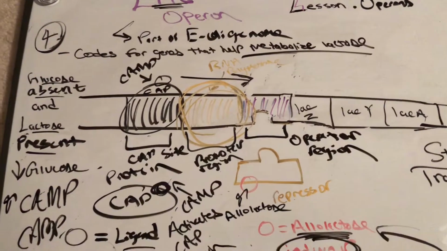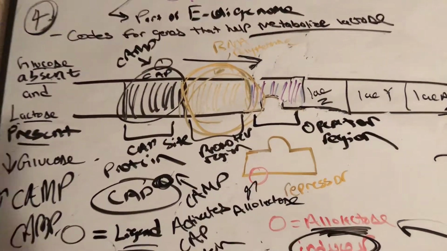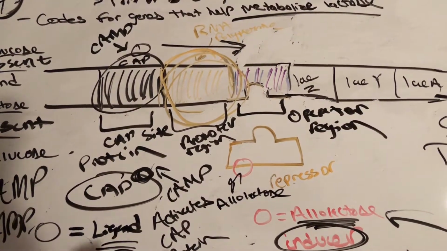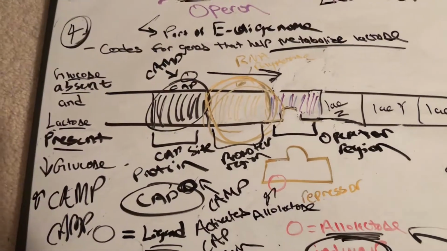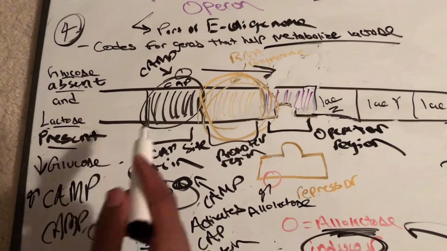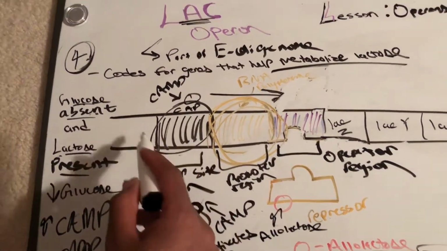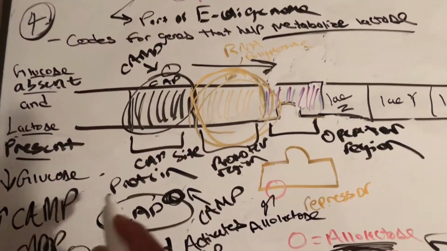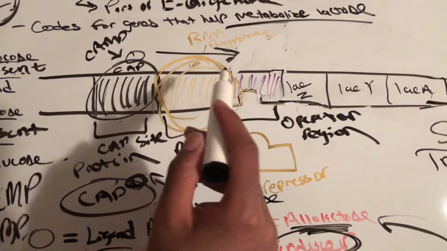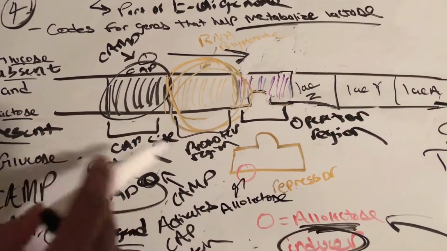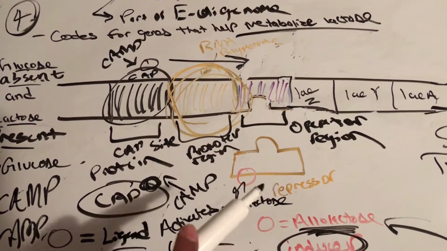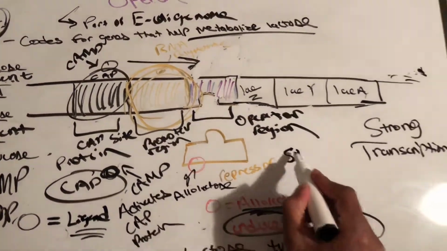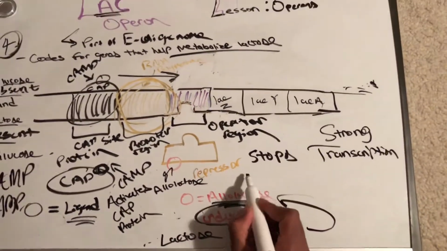And since allolactose is bound to your lac repressor protein, it's not going to be on the operator region. So two factors here. Basically, you have your CAP protein bound to your CAP site, and you have your RNA polymerase bound to your promoter region, and your lac repressor is off of the operator region. So this basically stops repression.